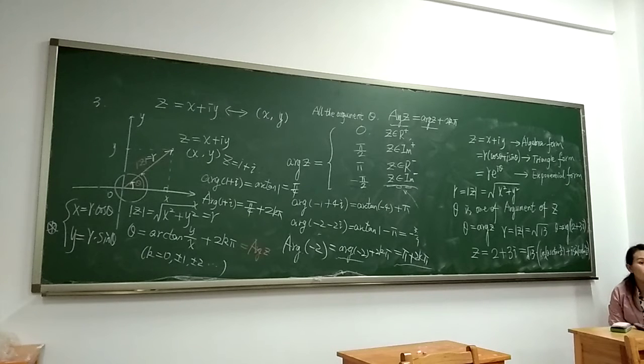This is the triangular form. If you want to write the exponential form, you can write this is r multiplied by e^{i theta}. Finish.